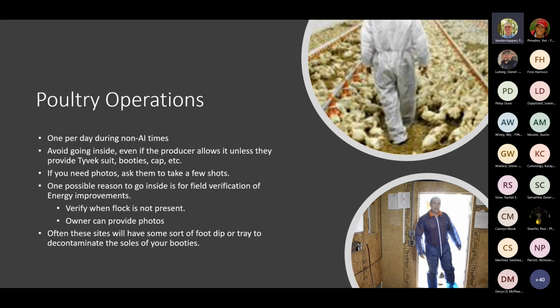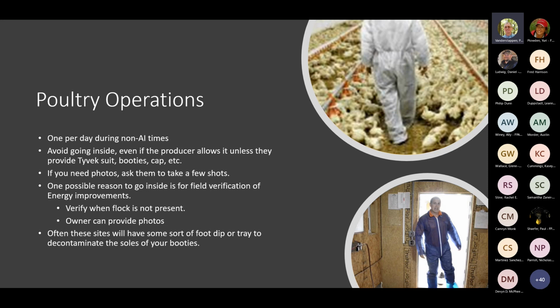The other possibility could be energy improvements on poultry operations, like changing the lights out. Maybe we're adding insulation in the ceiling, which would probably require that the flock's not there. But some other operations, you don't want to do any inspection when the birds are there. So that's probably a critical thing too.